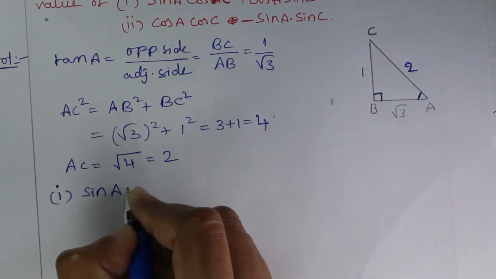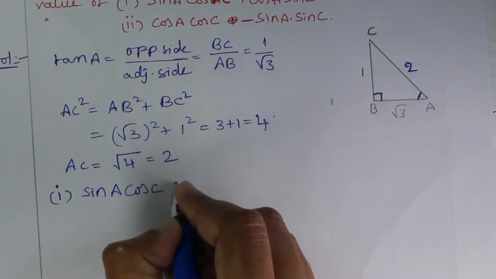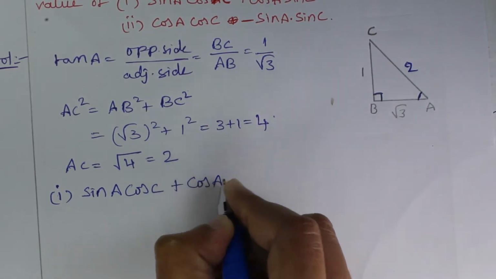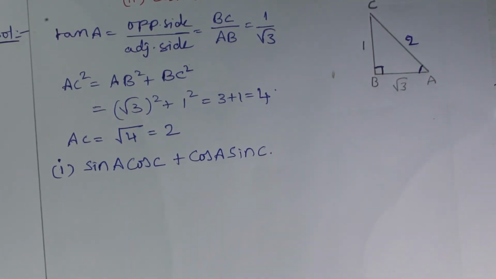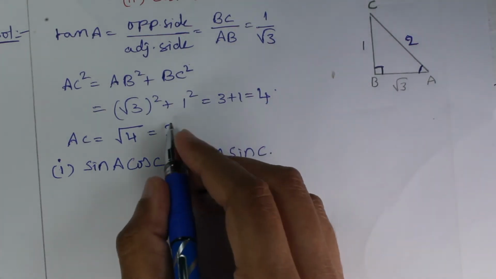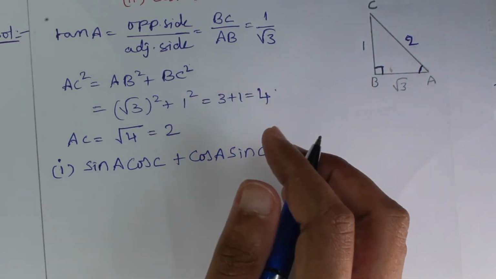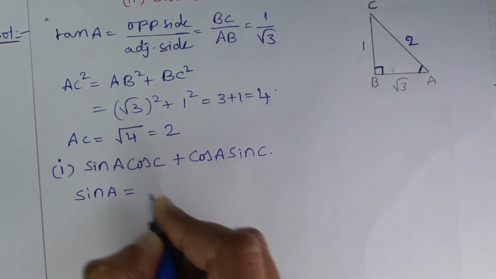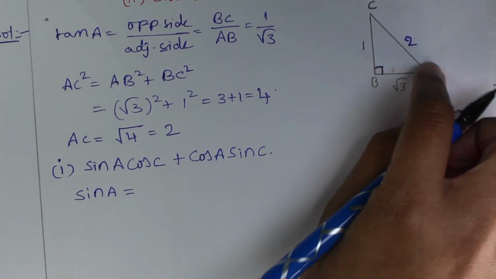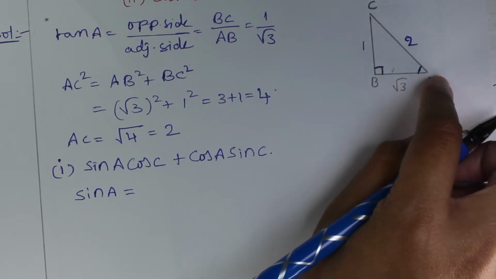Sin A into cos C plus cos A into sin C. First let us calculate the value of sin A. What is the value of sin A? Sin A is equal to opposite side by hypotenuse, right? What is the opposite side of angle A?